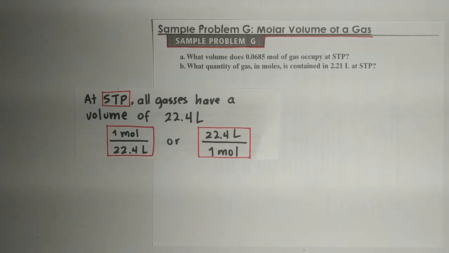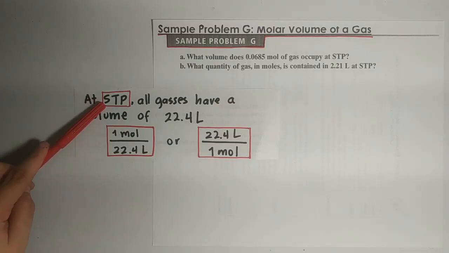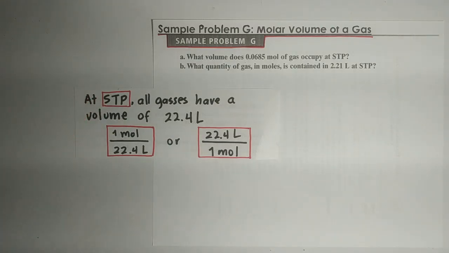Now, to start working on that, we need to know that at standard temperature and pressure, all gases have a volume of 22.4 liters. But what is STP?